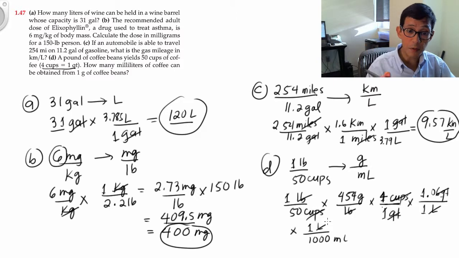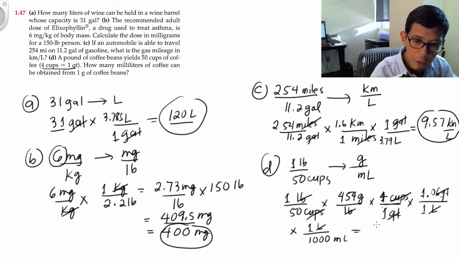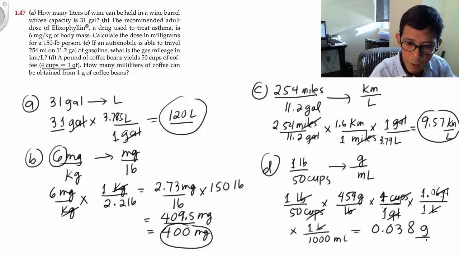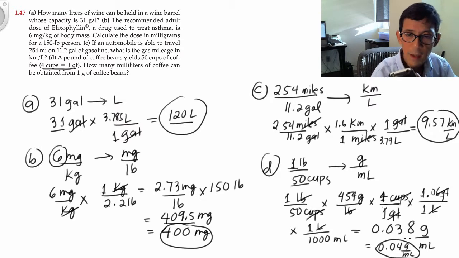So we are now grams per ml. So if you do that, you're going to get 0.038 grams per ml. 50, 1 sig fig, 1 pound, 1 sig fig. So that should be 0.04 grams per ml. That's the correct answer.